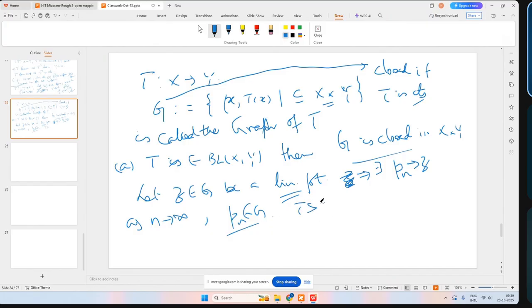What is it that we want to show? We want to show that Z is in G. What do you mean by Z is in G? There exists a Q such that Z is equal to (Q, TQ). This is what we have to show; I have not shown it yet.